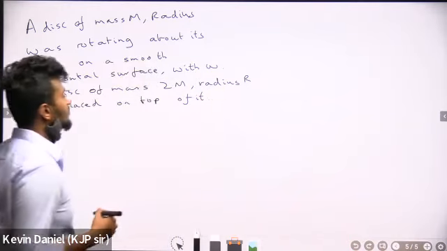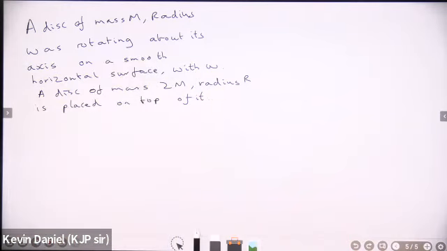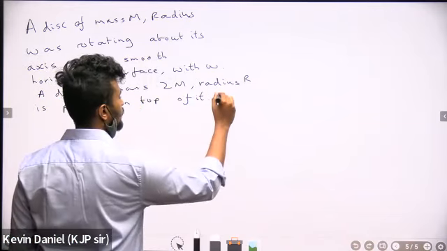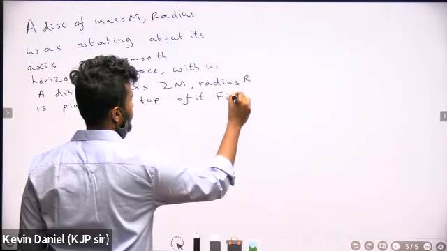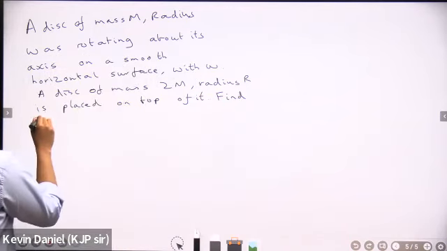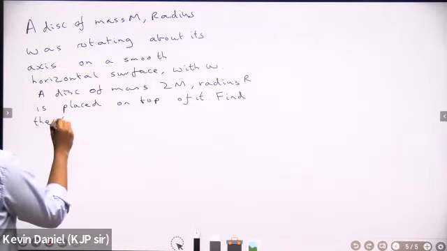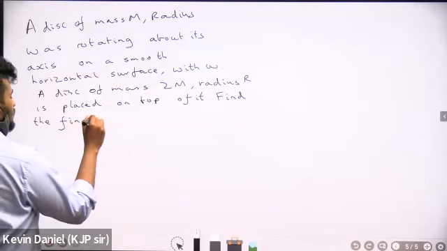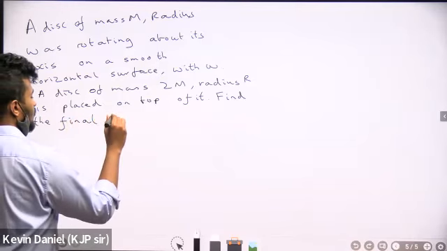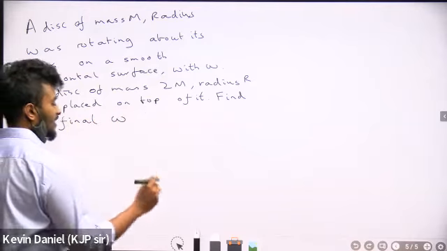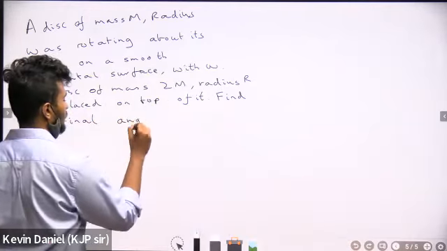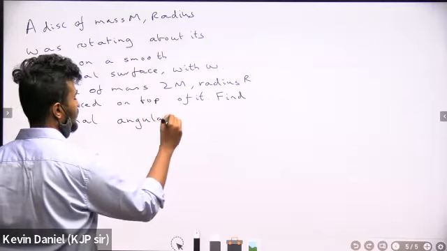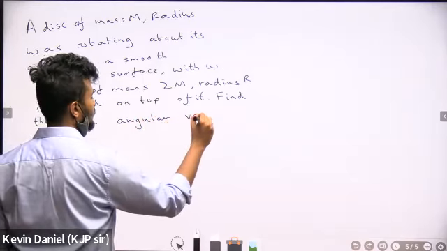So there is friction between these two guys. Okay? There is friction between these two disks. So find the final angular velocity with which the two will rotate. Find the final common angular velocity with which the two rotate.